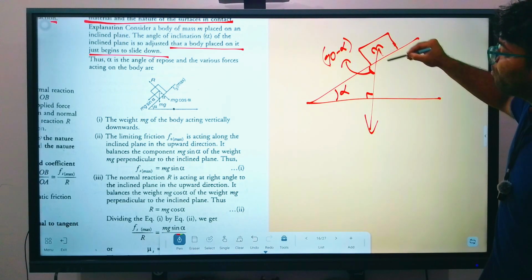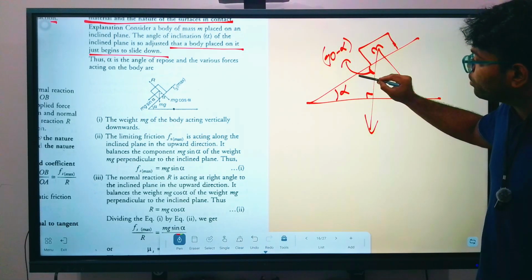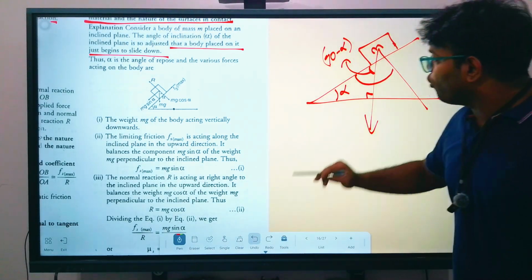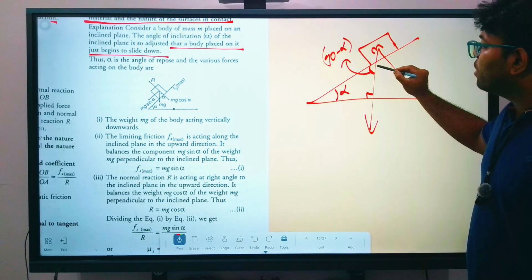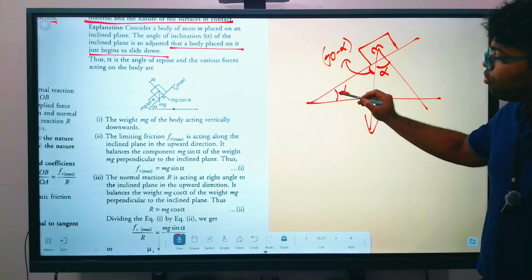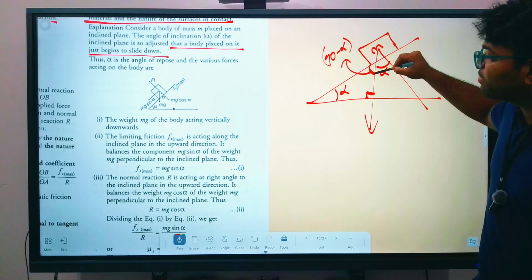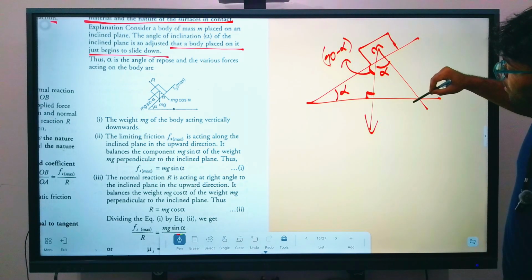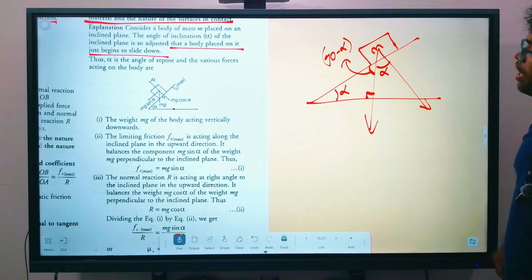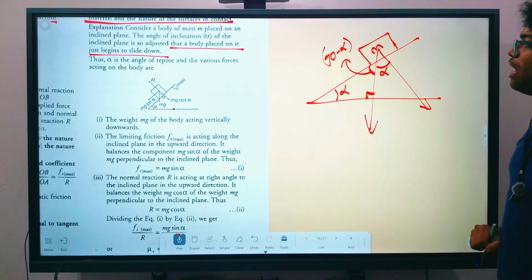And this complete angle should be equal to 90 degrees. So if this is 90 minus alpha, then this has to become alpha.